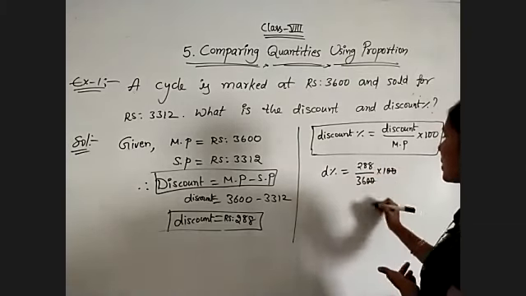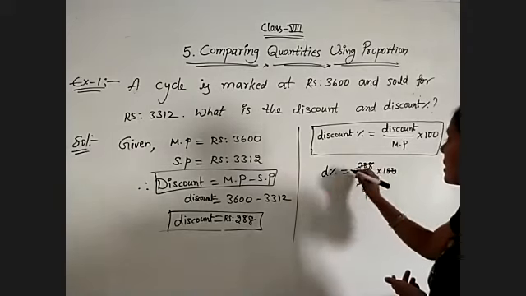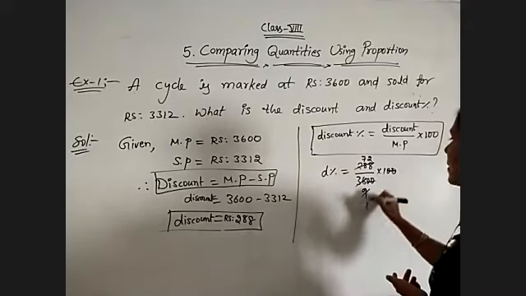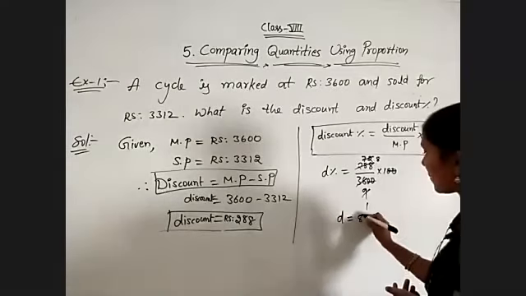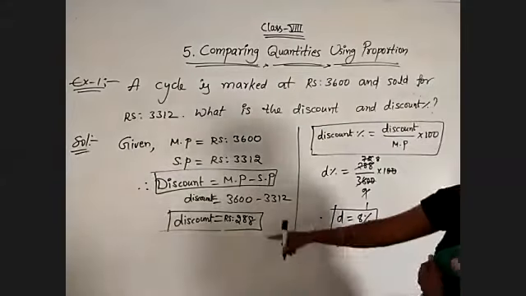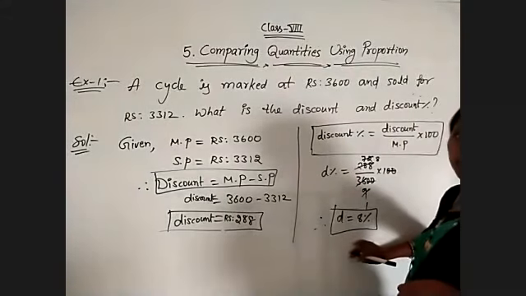Two zeros will get cancelled. Then 4 9s are 36, 4 7s are 28, 4 2s are 8, 9 1s are 9, 8s. So discount percentage is equal to 8%. The discount is 288 rupees, and the percentage of discount is 8%.